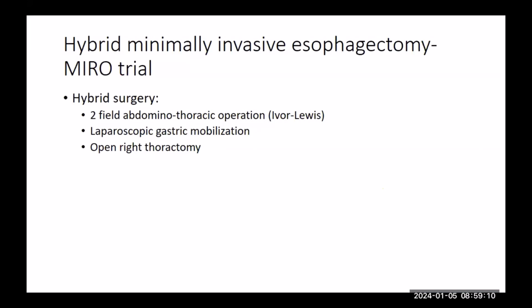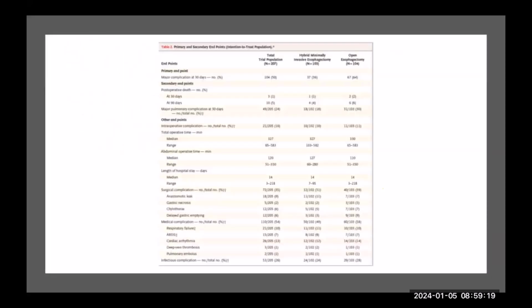In hybrid surgery, they did the two-field abdominal thoracic operation, with laparoscopic gastric mobilization and open right thoracotomy. The primary endpoint was major complication at 30 days. In hybrid minimally invasive esophagectomy, only 36% had that complication, but with open esophagectomy almost 64% of patients had a grade 2 to grade 4 complication.